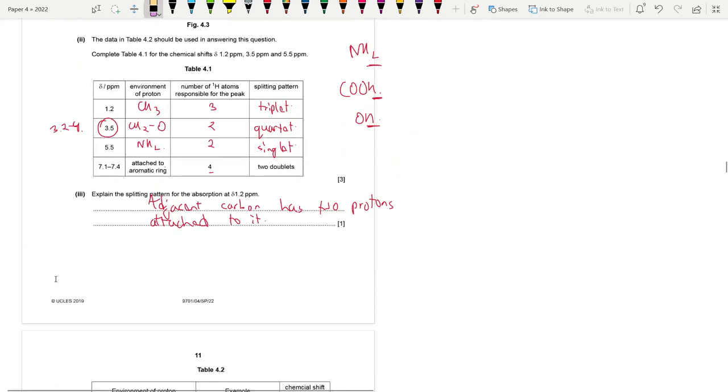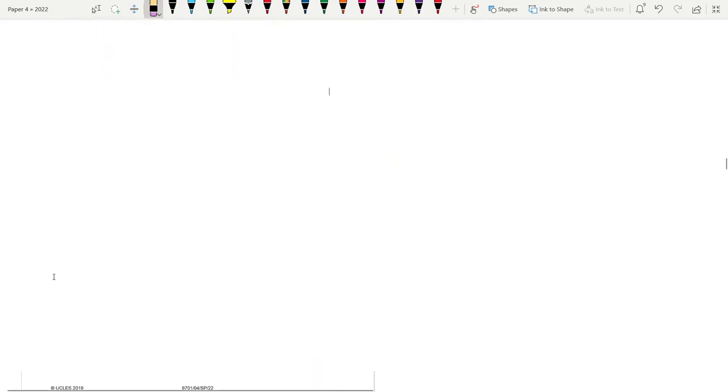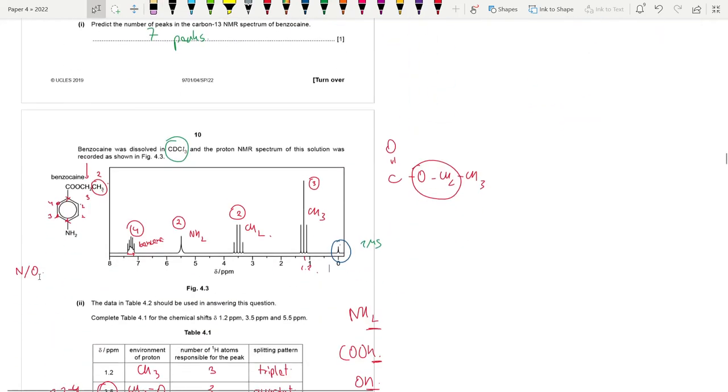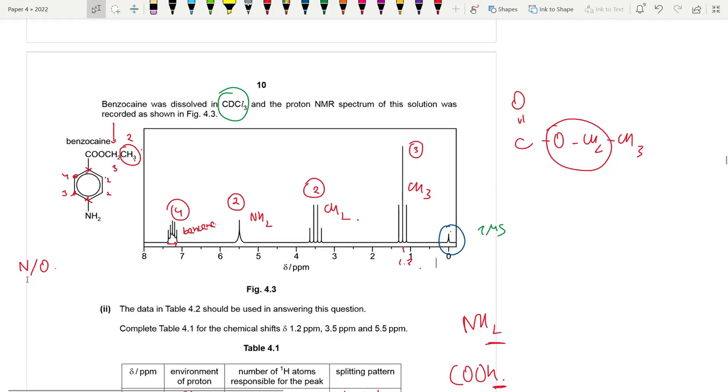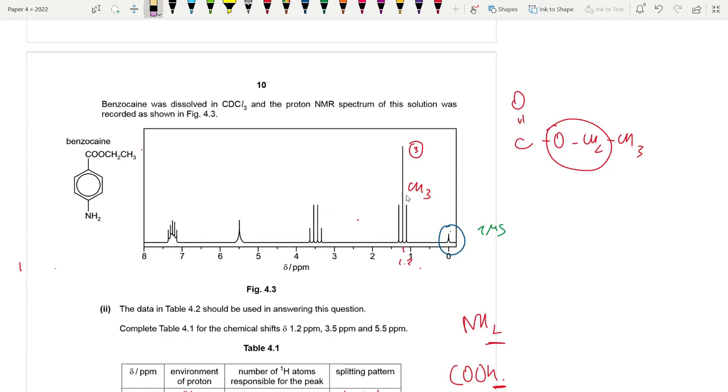How are you going to figure this out? The best way to think about this is that you cannot use the axis of symmetry for proton NMR. You have to work things out manually. I'm going to show you how. Let's do this step by step.